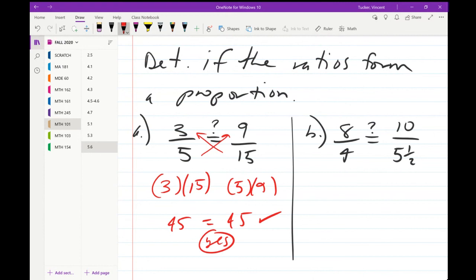All right. The next one, 8 over 4 and 10 over 5 and a half. So we do the same thing.